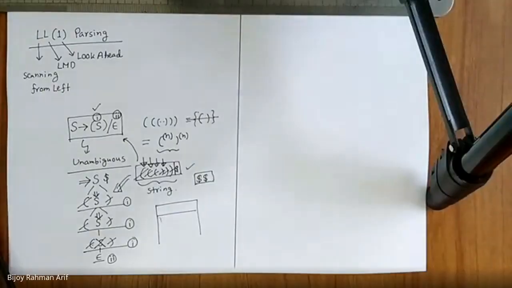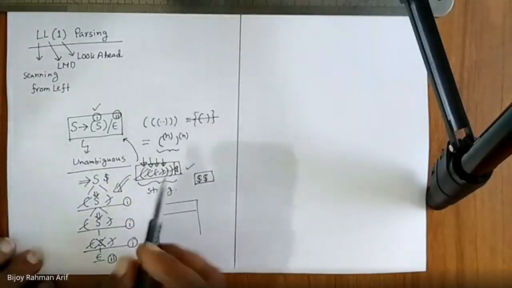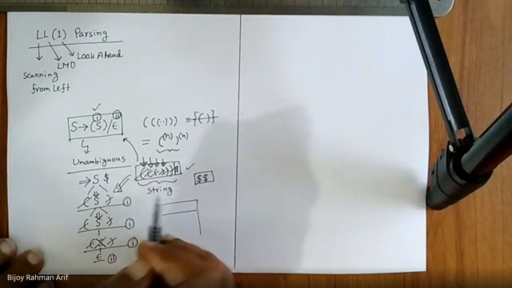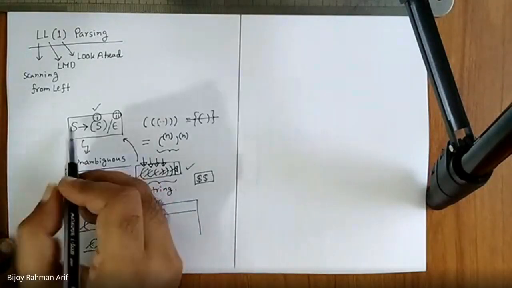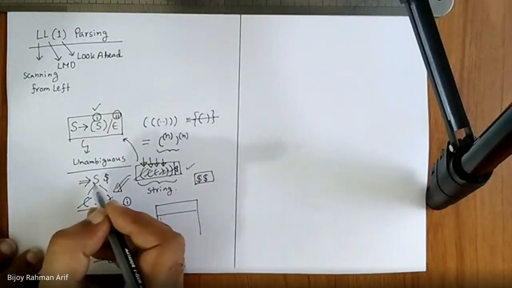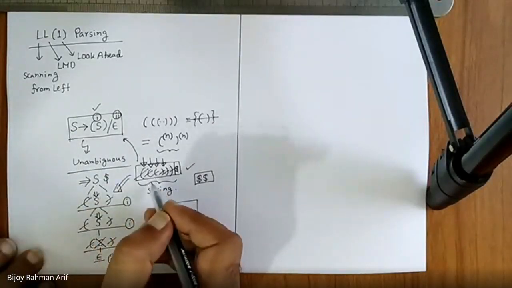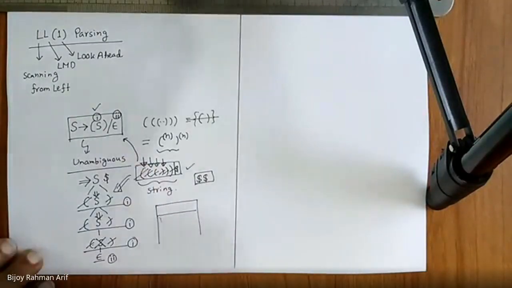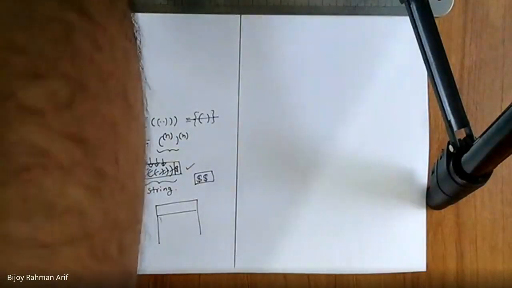Sir, can you repeat what we should do when we start to get the closed parenthesis? Yes. So let's see this way. You can ask me why I am creating this table in this way, that whenever I see variable S and open parenthesis, I have to use rule number 1. What is the basis of taking this kind of decision? Now look carefully.